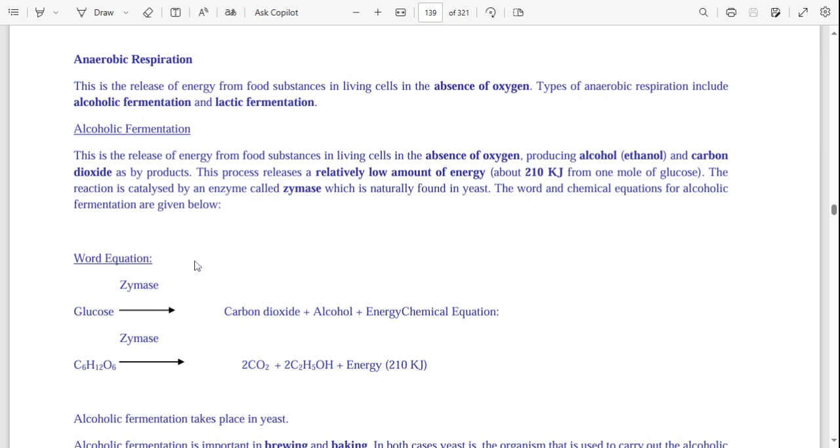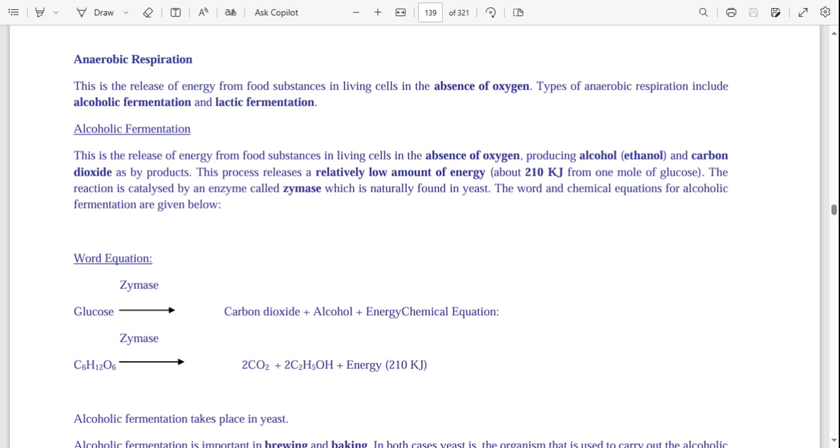But before then, you need to know that in comparison to aerobic respiration, the energy that is going to be produced in anaerobic respiration is going to be small. And there is an enzyme that will catalyze the reaction. Remember, enzymes speed up the reaction while they are not changed. So in alcoholic fermentation, the enzyme is known as zymase.